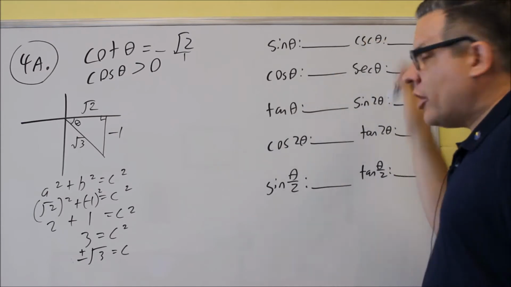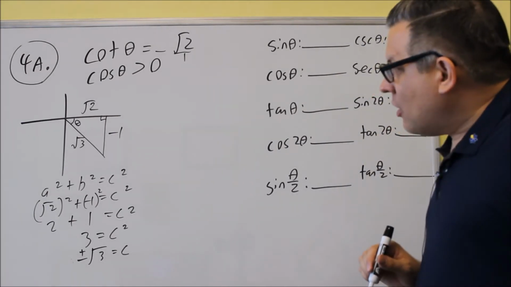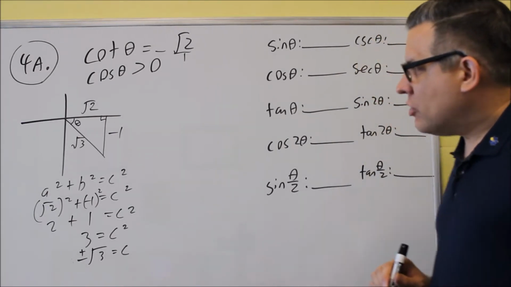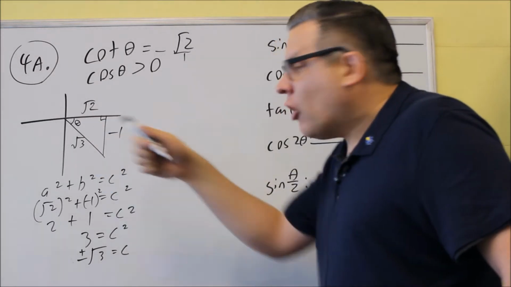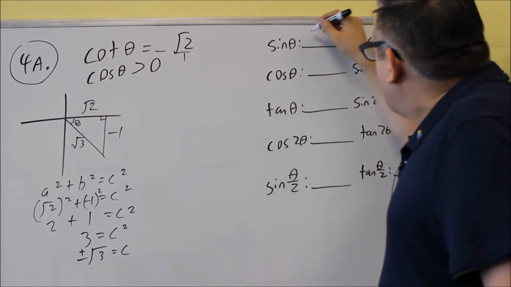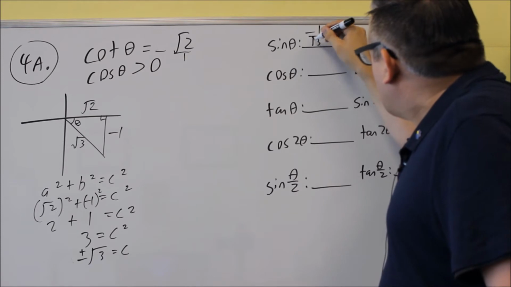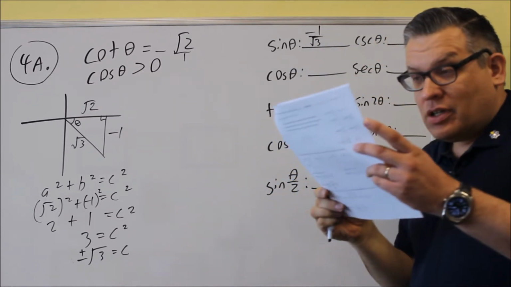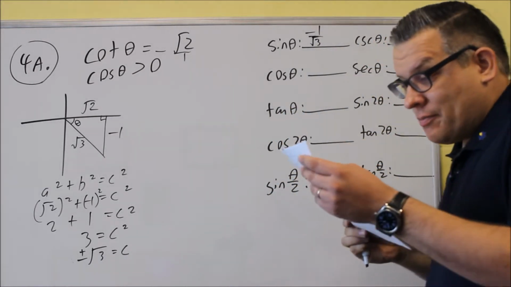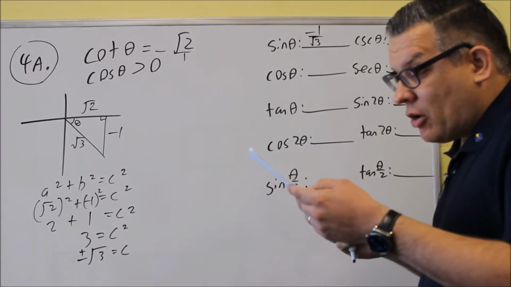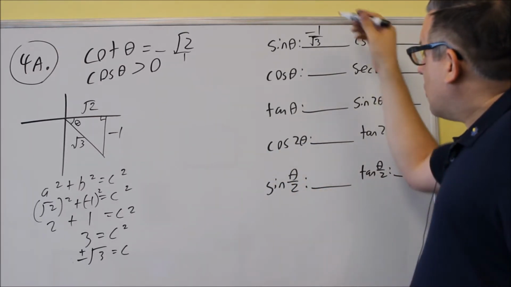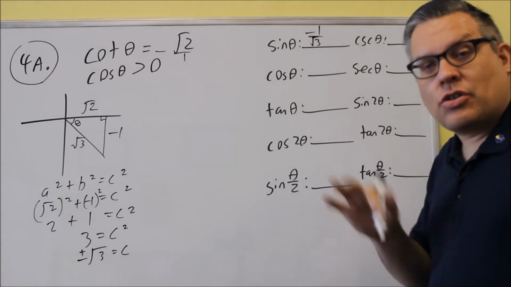We're ready now to fill in the blanks here. Sine is equal to opposite over hypotenuse: negative 1 over square root of 3. Now for this problem, it doesn't say anything about rationalizing, so don't worry about it.